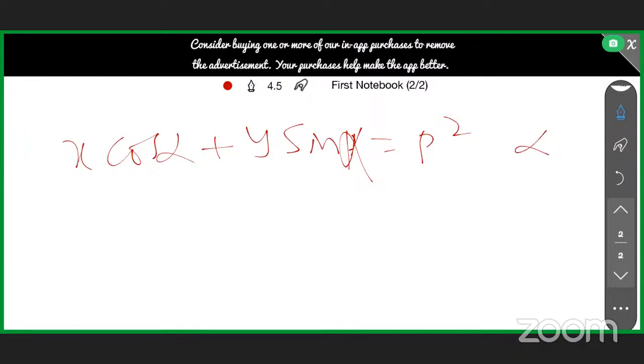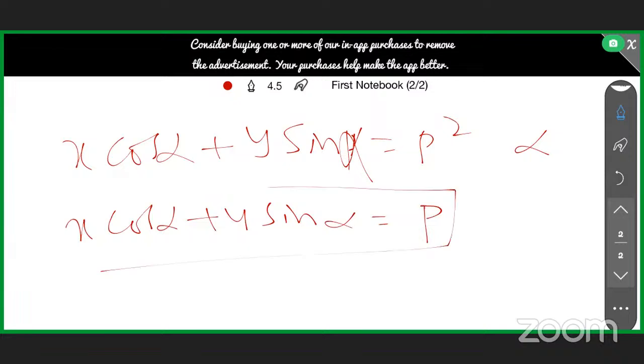What will be the new equation? And one more question of this type only: x cos alpha plus y sin alpha is equal to p. This is also one more equation that we will be studying in straight lines, the normal form equation. So for these two questions, find the transformed equation.